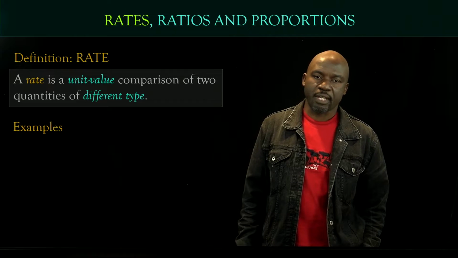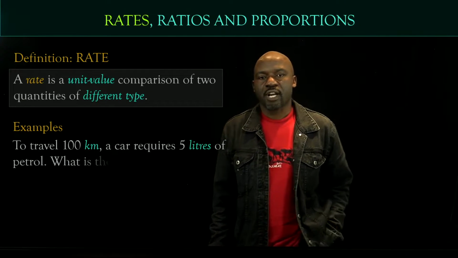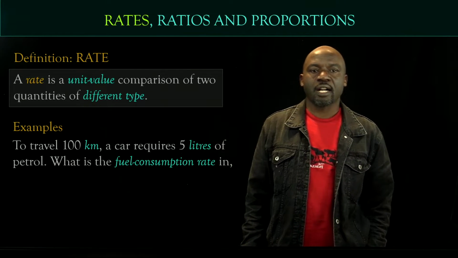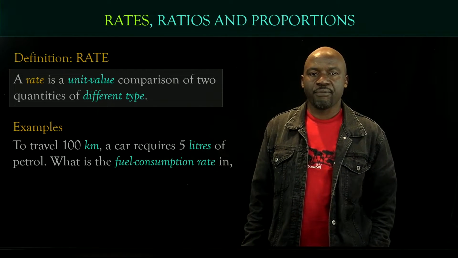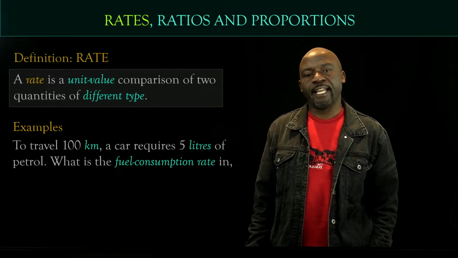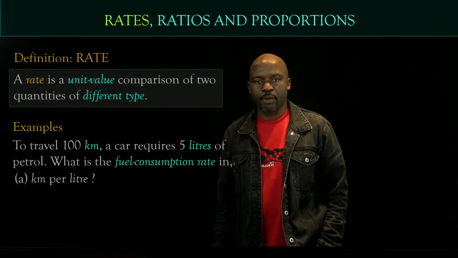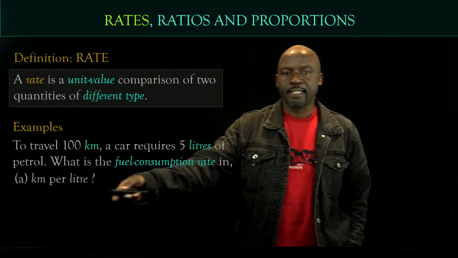Here are some examples. To travel 100 kilometers, a car requires 5 liters of petrol. What is the fuel consumption rate in kilometers per liter, and in liters per kilometer? To do this, how many kilometers per liter?